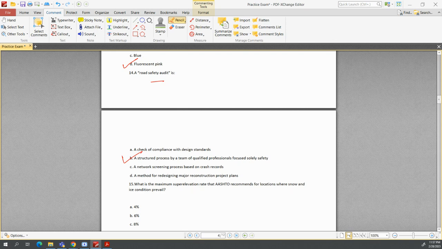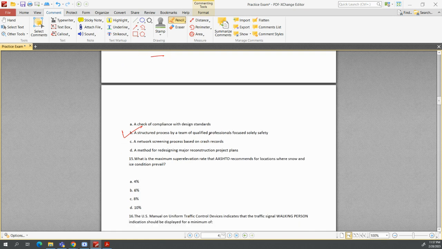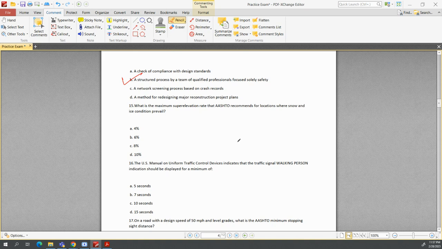No, that is again the work of engineers, or maybe more the work of a transportation agency. They will do the screening first. A method for redesigning major reconstruction project plans? Not at all.